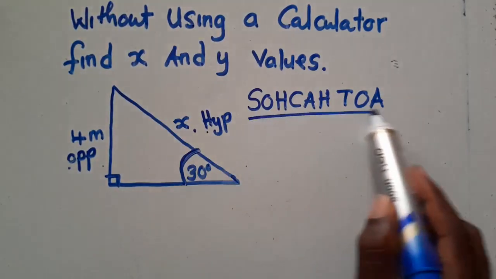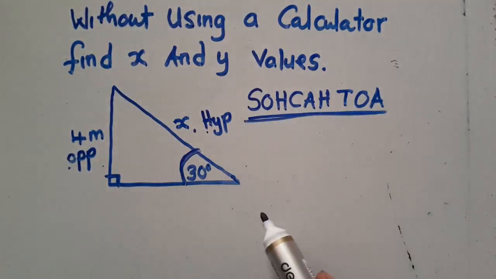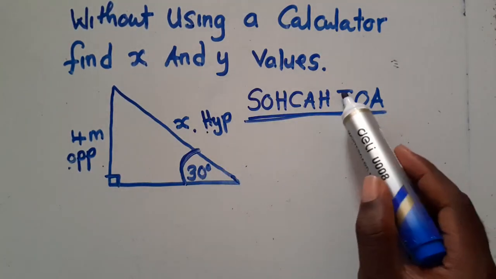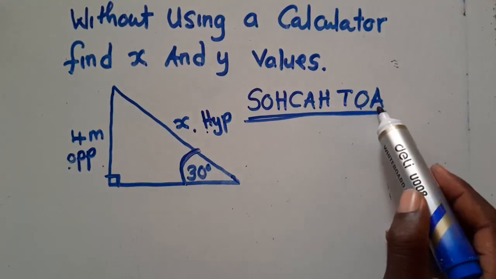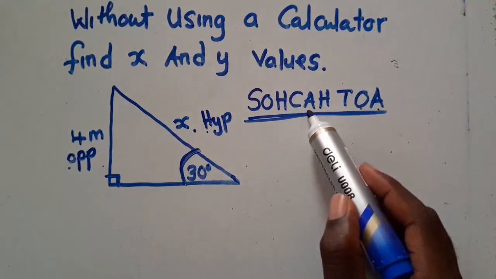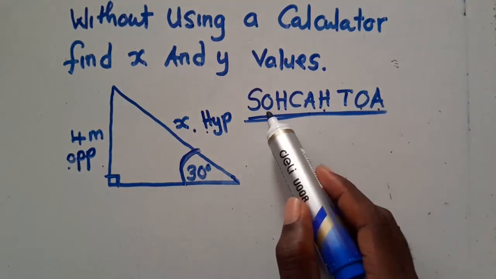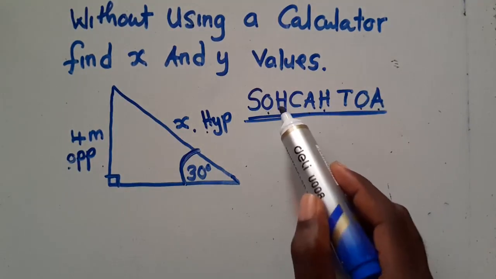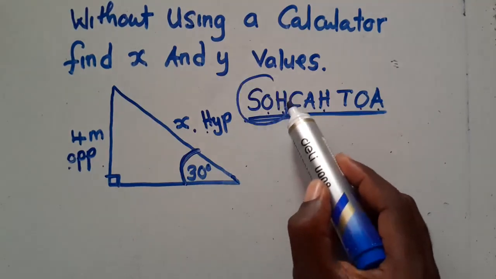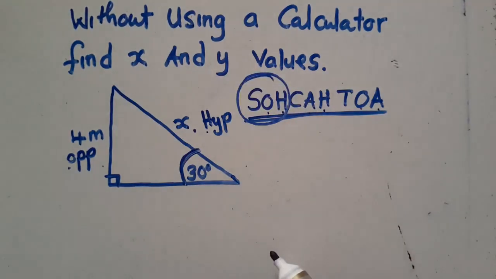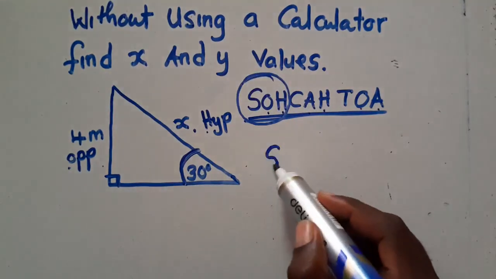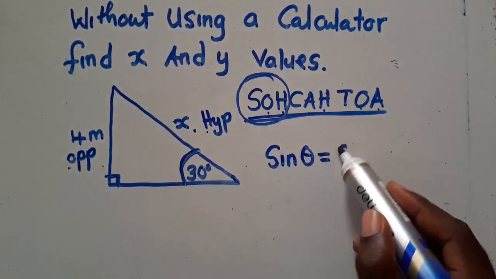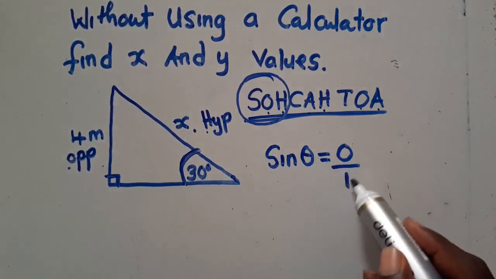So you ask yourself, where do we have the opposite and hypotenuse? Here on tan, we only have opposite and adjacent. Here we have adjacent and hypotenuse. But on sine, we have opposite and hypotenuse. So I'm going to use that one: sine theta is equal to opposite over hypotenuse.